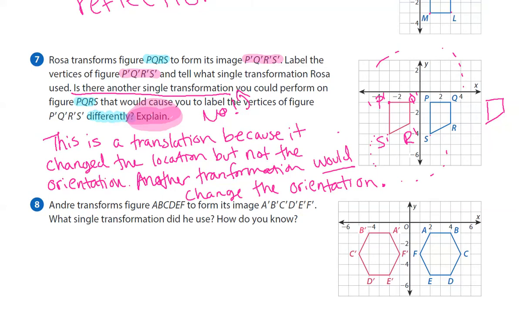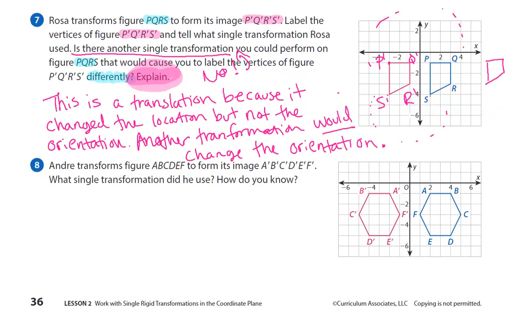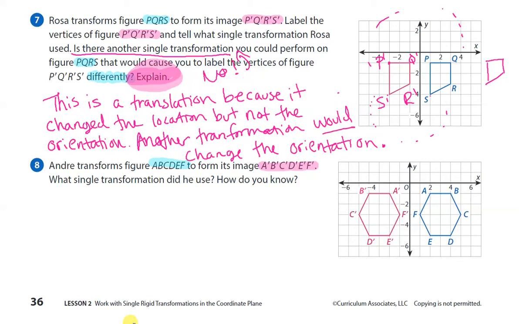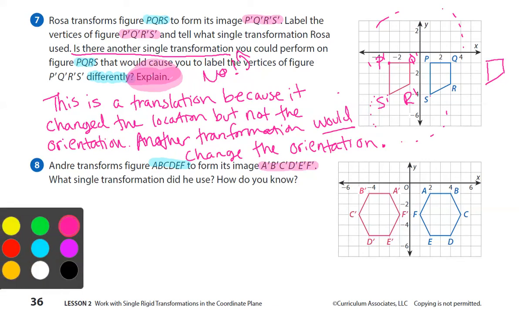Okay, let's see what Andre is up to now. Andre transforms figure A, B, C, D, E, F to form its image A prime, B prime, C prime, D prime, E prime, F prime. What single transformation did he use and how do you know? Well, let's see how these corresponding points, corresponding vertices, line up.